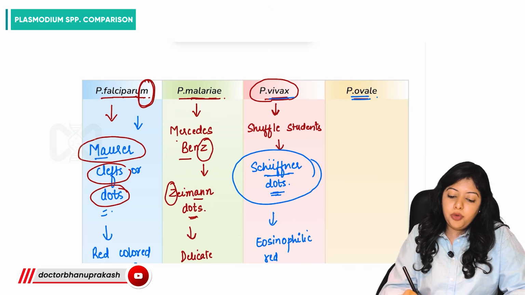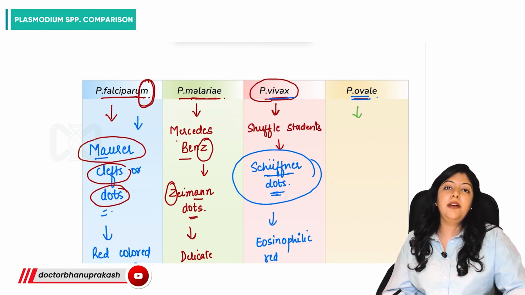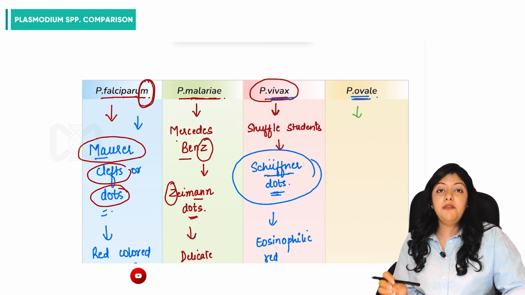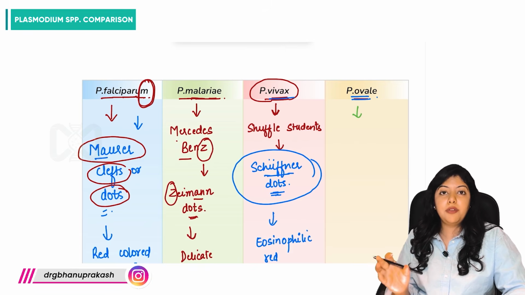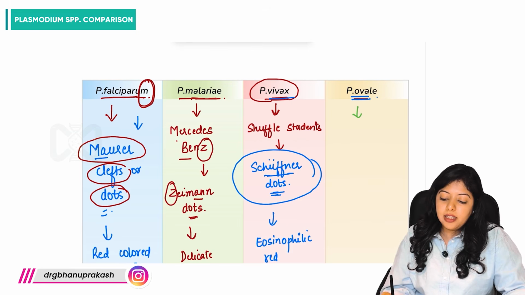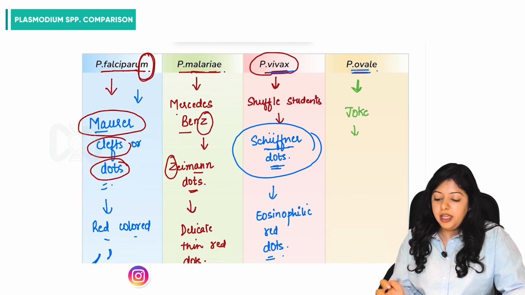And for Plasmodium ovale, since ovale does not have any specific key feature apart from oval-shaped RBCs and fimbriated margins, we consider Plasmodium ovale as a joke. It doesn't have its own identity.